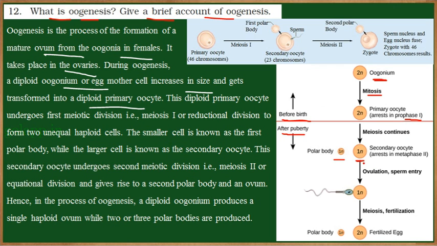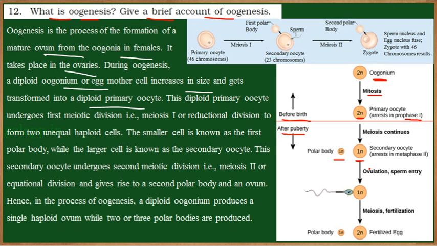One is a larger cell, the other is smaller in size, but both are haploid in nature. It has just completed its first meiotic division, which is a reductional division. The chromosome number is reduced from diploid to haploid. But there is a difference in the size of the cells.